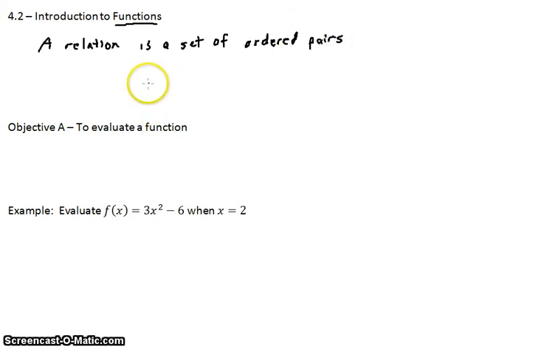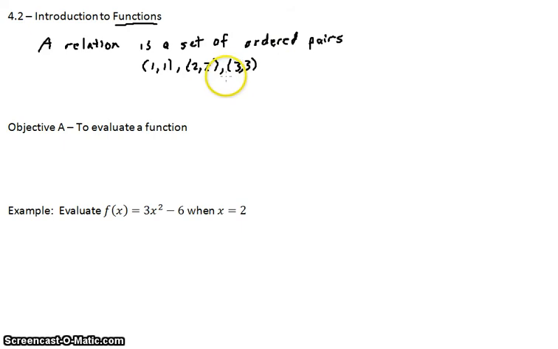So a relation is just a bunch of sets of ordered pairs. It doesn't matter what they are as long as you have a set of ordered pairs. That would be called a relation. So it can be (1, 1), (2, 2), (3, 3), and that could be all it is, and that is a relation. That's all it has to be.